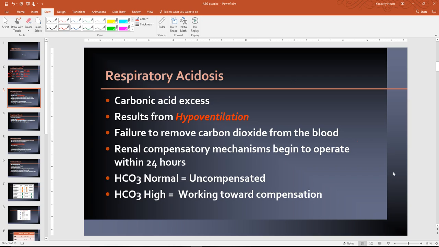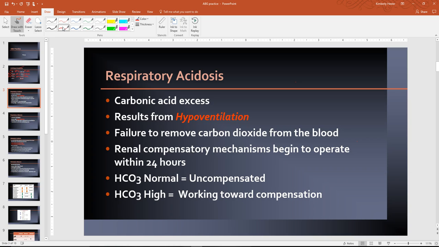All right, so number one on the list is respiratory acidosis. It's one of the more common acid-base imbalances that you're going to see in your patient population, particularly if you're working in the ICU with patients that are ventilated, or if you're working in the ER with patients that come in and are either in respiratory distress, or maybe they're having a lot of pain from an accident and we've given them a little too much sedation, a little too much morphine.